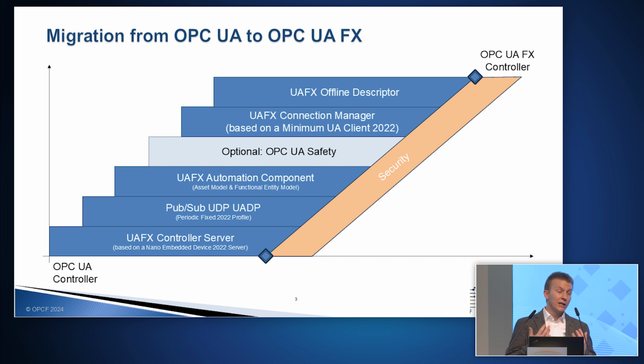What you now need in addition for all the horizontal communication is in fact PubSub, and this is the PubSub UDP UADP facet that you now need to implement. You then keep extending that with specific information models. Those information models are for the configuration of the communication and also the definition of actually the content of your controller, like the assets which are included.